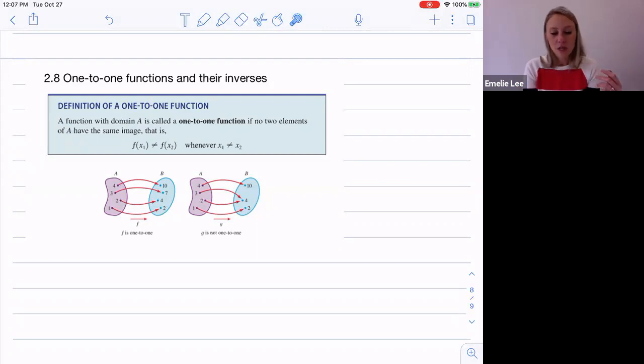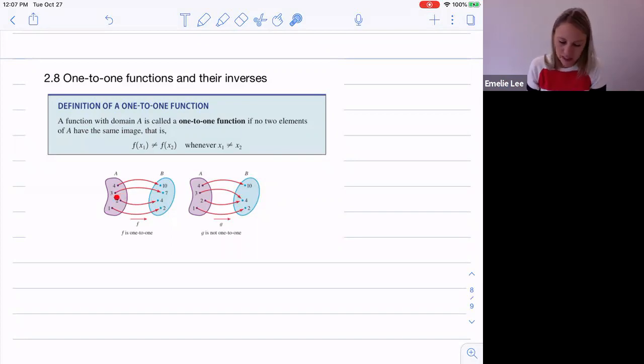One-to-one functions are if you have the same output level, so the same value of y, what it means to be one-to-one is that you can't have 2 different values of x that give you the same output. So if you're thinking about x squared, for example, it is not one-to-one because x equals -2 gives you the same value as x equals 2, right? They both give you 4. So that by definition is not one-to-one.